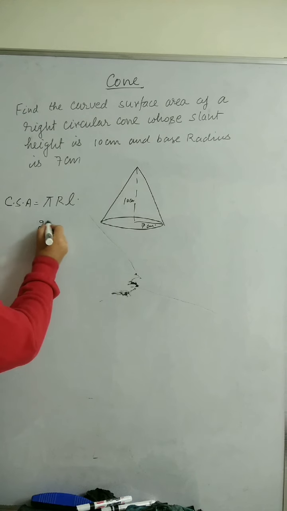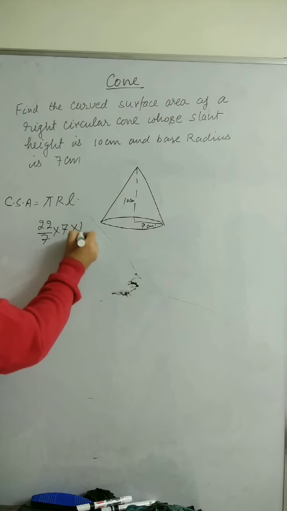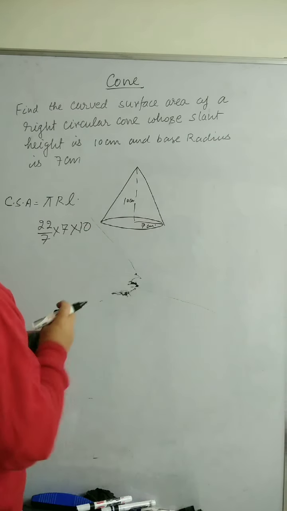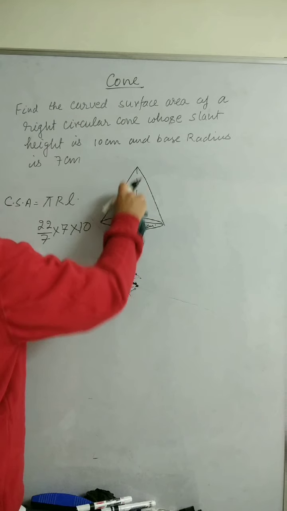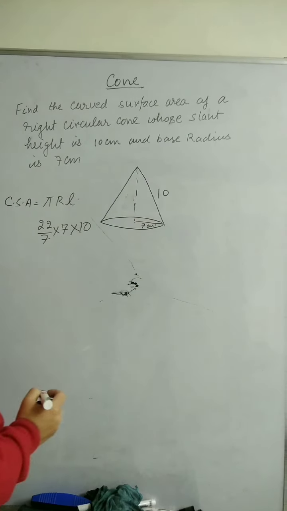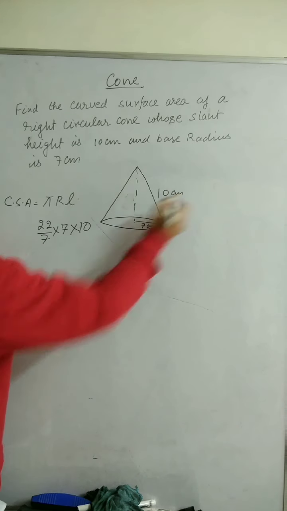So pi you can take 22 upon 7, radius is 7, and slant height is given as 10. It's not the vertical height, slant height is given. Got it? So slant height is 10 centimeters.